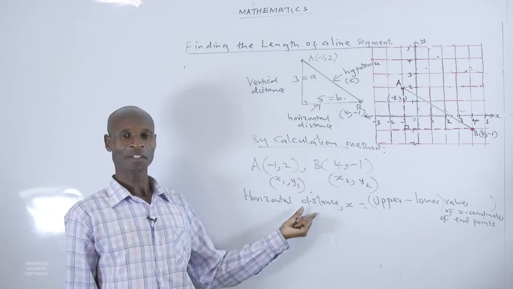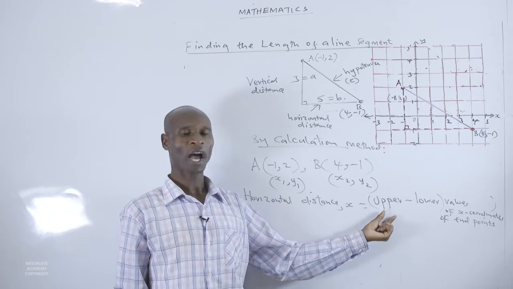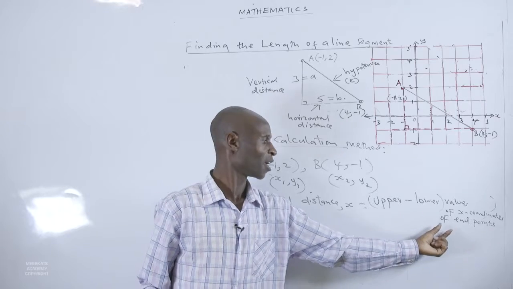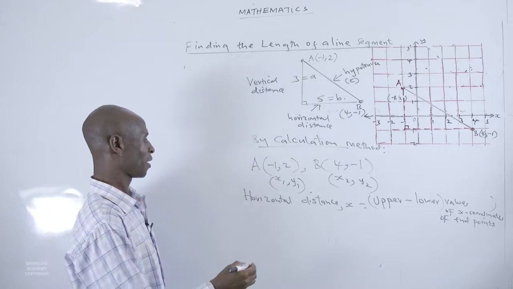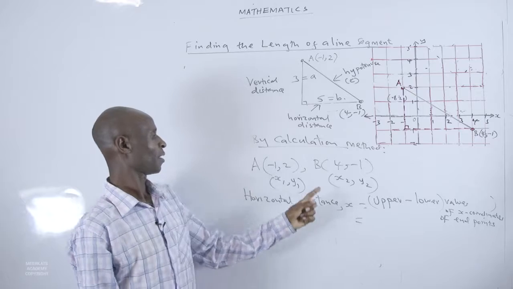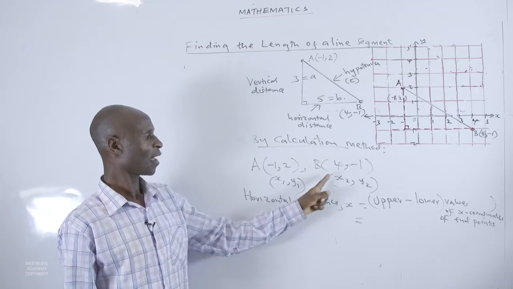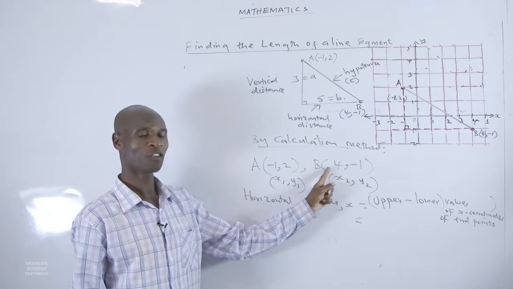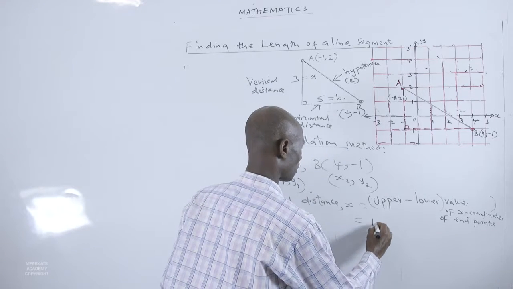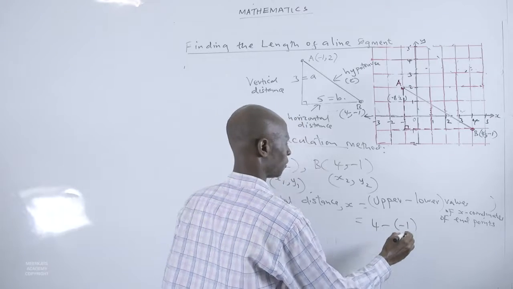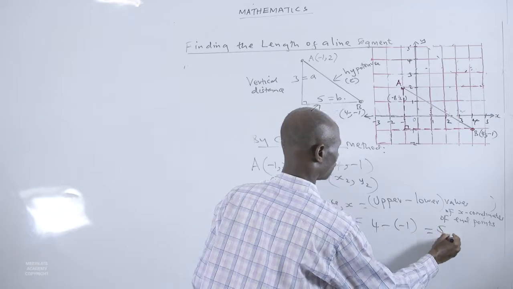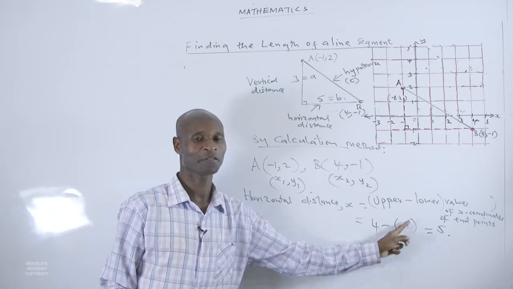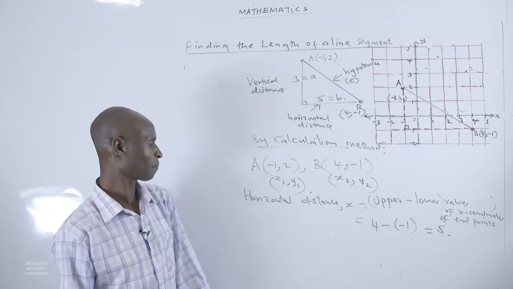So horizontal distance is obtained by taking upper minus lower values of x coordinates of endpoints. So in this case, we shall pick the upper value for x coordinate, which will be x2 minus x1, which is 4 minus minus 1, which gives us 5, because 4 minus minus 1 is 4 plus 1, which is 5.